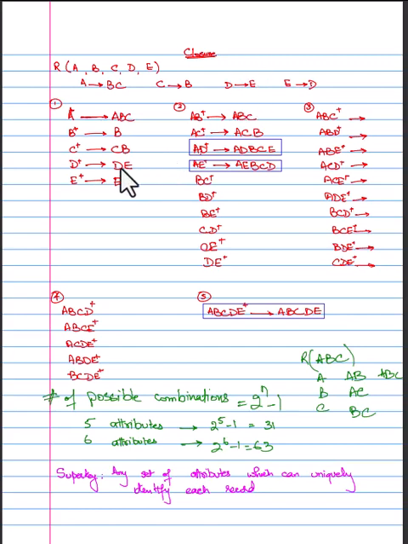So D will identify DE, and from the given scenario E also identifies D. So from this scenario we can say there is no single attribute which can identify all the attributes A, B, C, D, E.